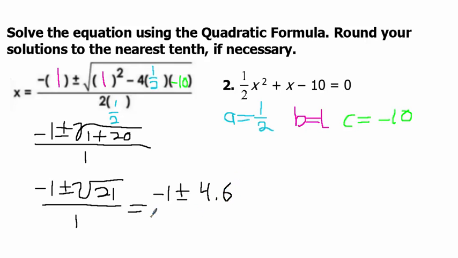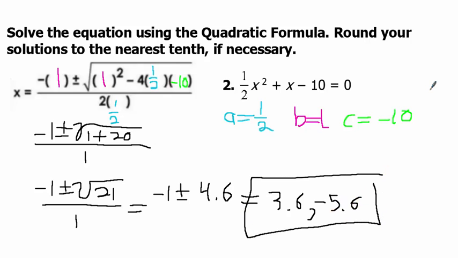I'm not going to keep putting over 1 because anything divided by 1 is itself, but I am going to have to do the top of this, and that's going to be 3.6, and the bottom of this, negative 1 minus 4.6, is negative 5.6. So we have 2 solutions to our problem.